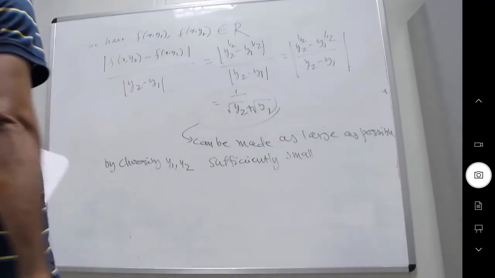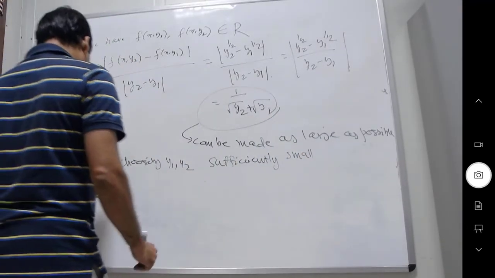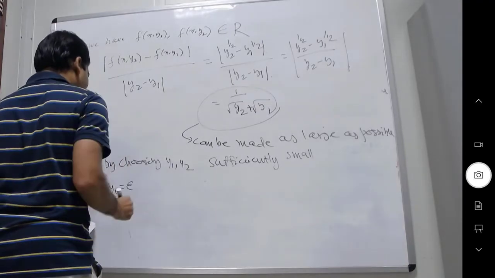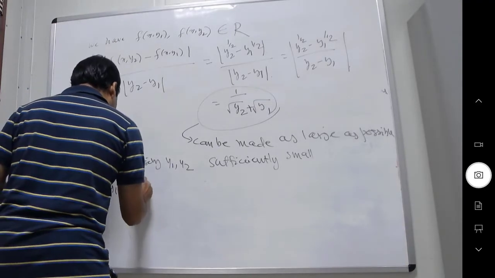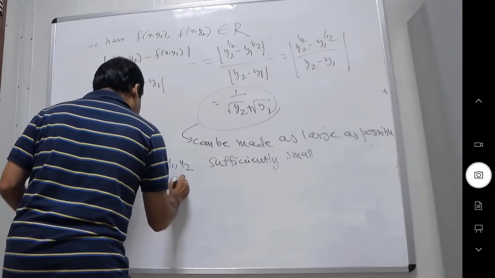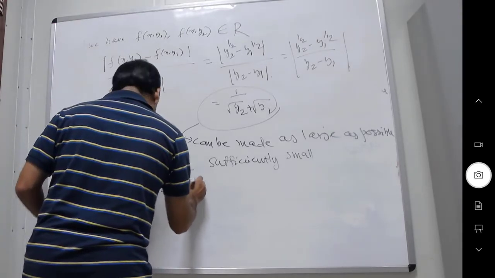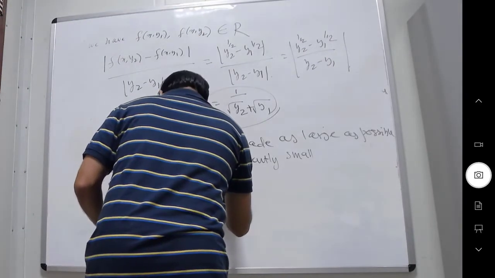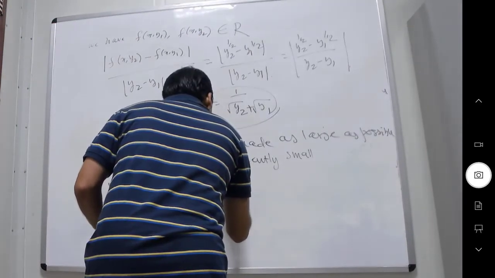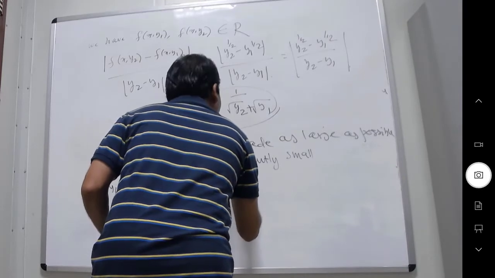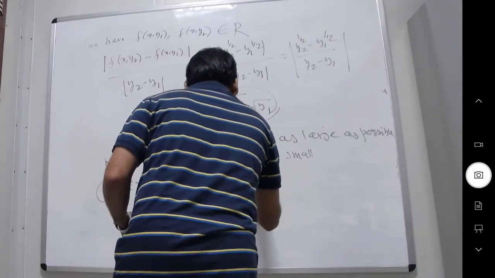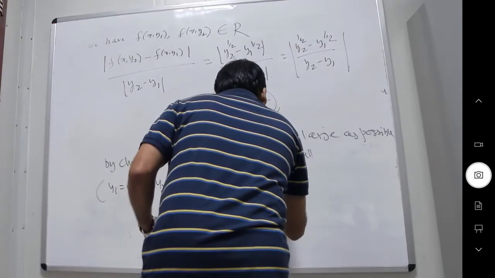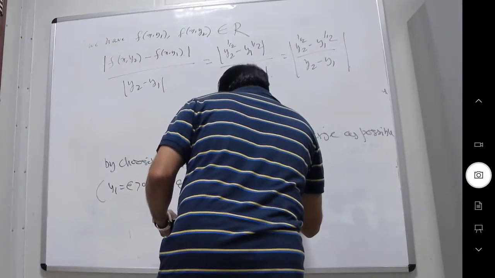So if you choose very small values, for example, suppose y1 equal to a very small epsilon greater than 0 and y2 also epsilon greater than 0, then you have 1 by y2 to the power half plus y1 to the power half, which is equal to 1 by 2 epsilon to the power half.